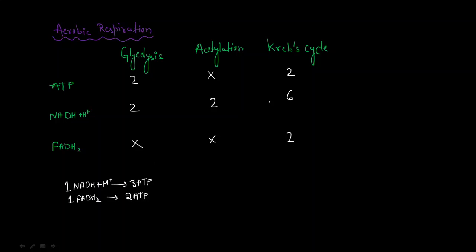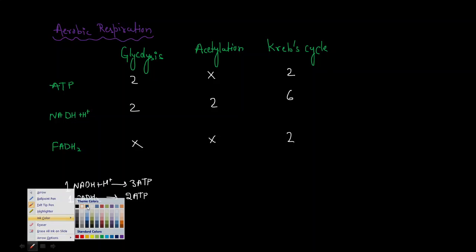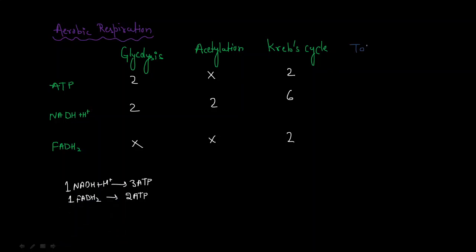Okay, so let me write the total here. In total, 2 plus 2 is 4 ATP, and 2 plus 2 plus 6 is 10 NADH, and 2 FADH2 through the whole aerobic respiration process. So 4 ATP is 4 ATP, and 1 NADH is equivalent to 3 ATP, so 10 NADH times 3 is 30 ATP, right?